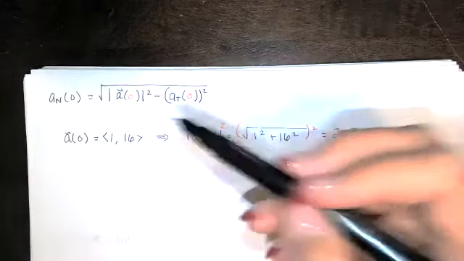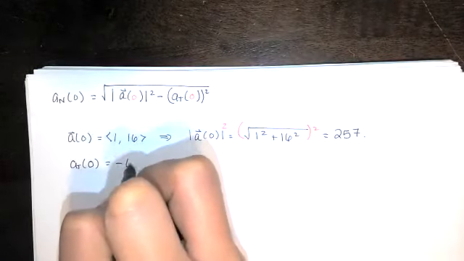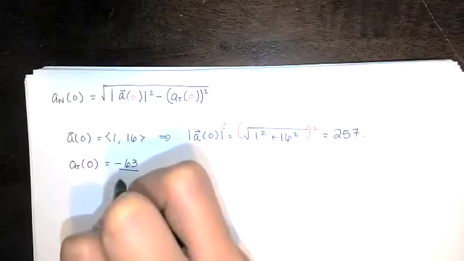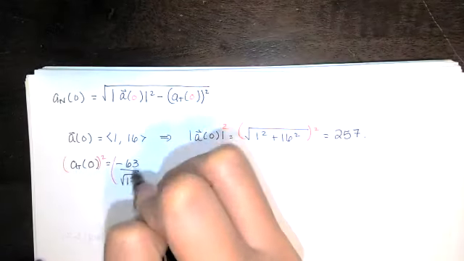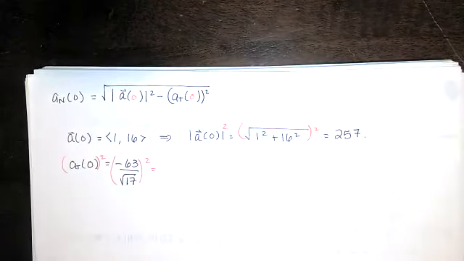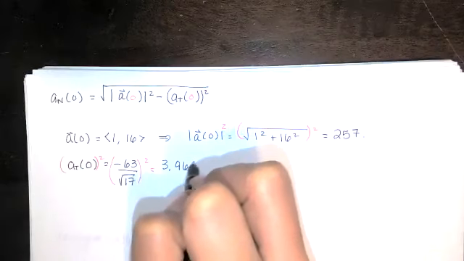Okay. And then we want to substitute a sub t at 0. We've already computed that. That was negative 63 over the square root of 17. If we square that, we get this. 63 squared turns out to be 3,969.